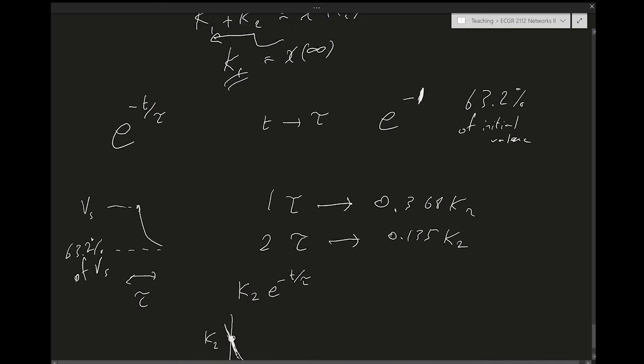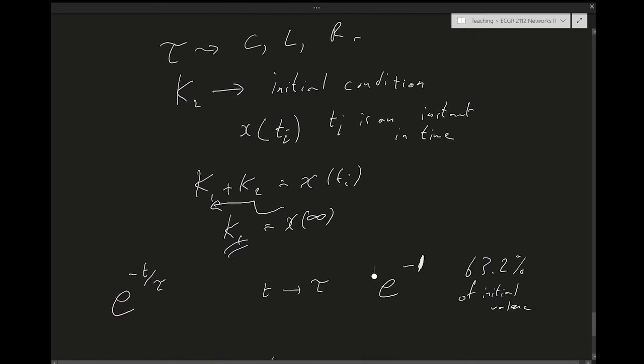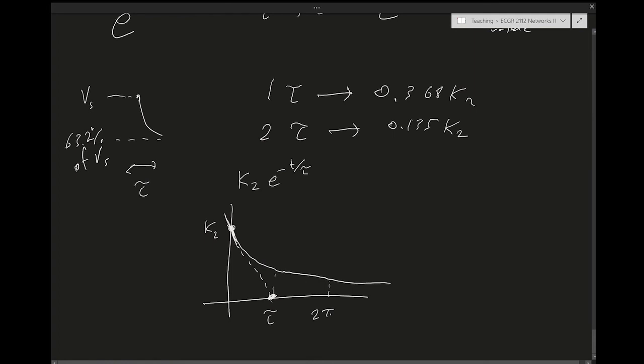What is the slope, by the way? The slope is the rate of change of this. Differentiate this with respect to t, so you end up with minus K2 over tau e to the minus t over tau. Evaluated at t equals 0, the exponential is 1. So the slope is minus K2 over tau.